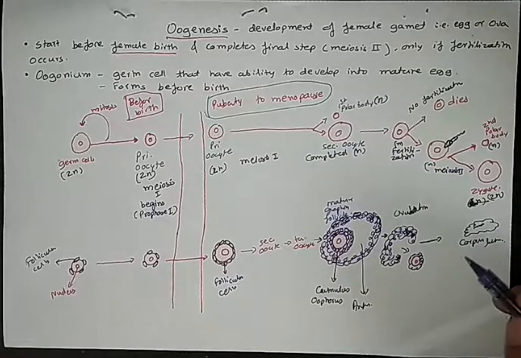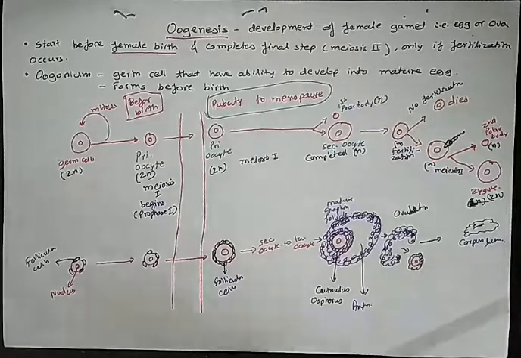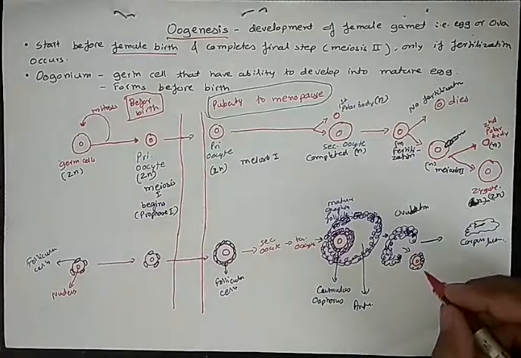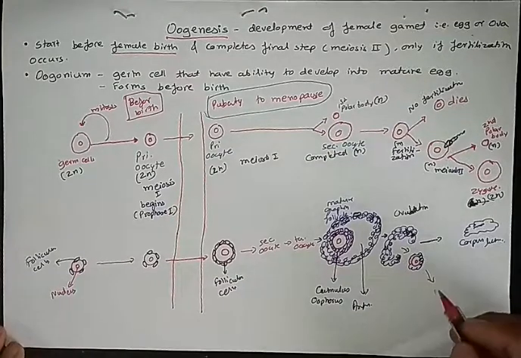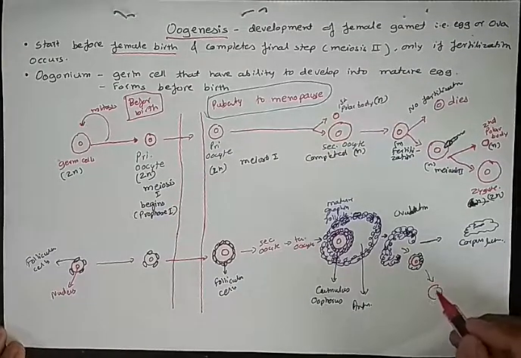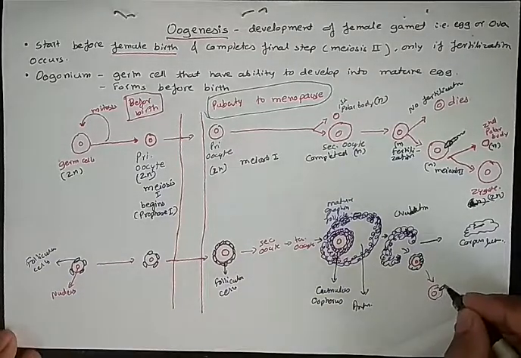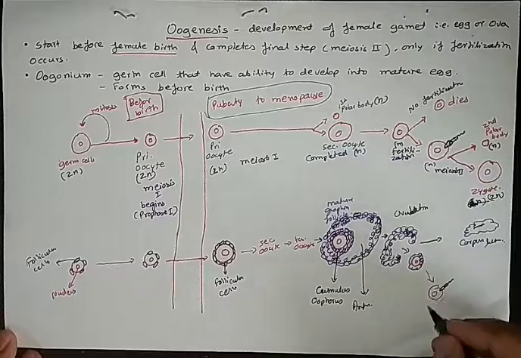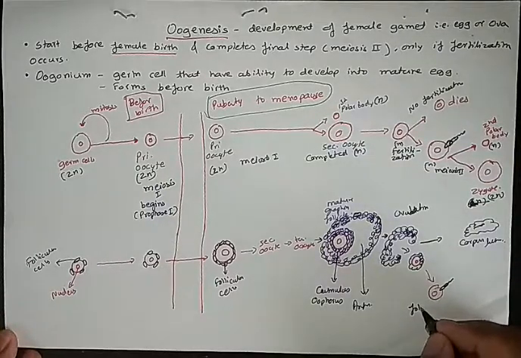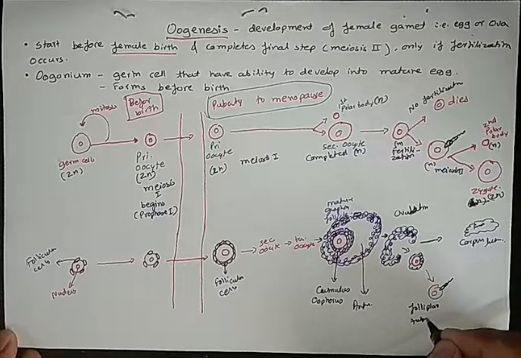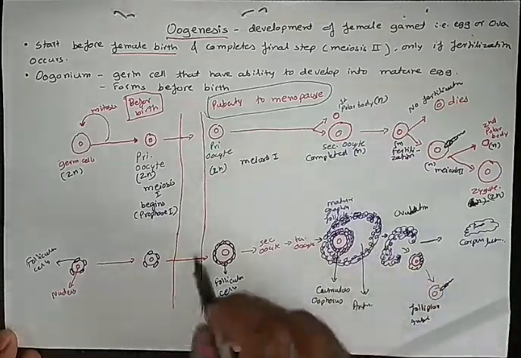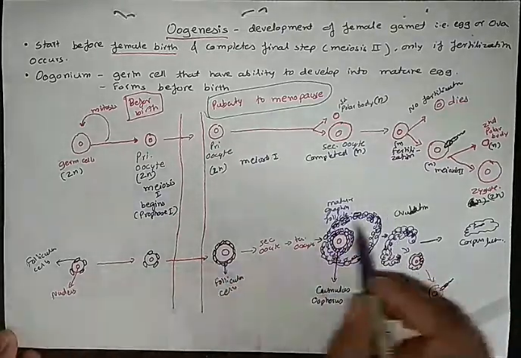Then the egg goes to the fallopian tube, and in the fallopian tube fertilization occurs.